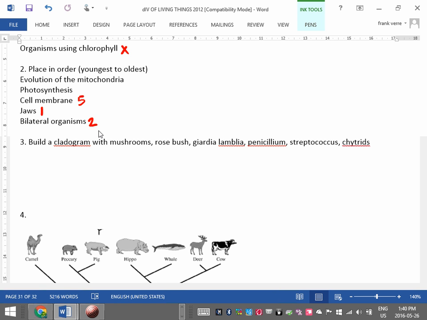So photosynthesis actually came before mitochondria. So if we're going youngest to oldest, mitochondria would be younger than photosynthesis. So when you're going through the characteristics that we talked about that define groups, just have an idea of which one came first. But even if you don't, just remember how many kinds of things have that characteristic, how many things have the other one.